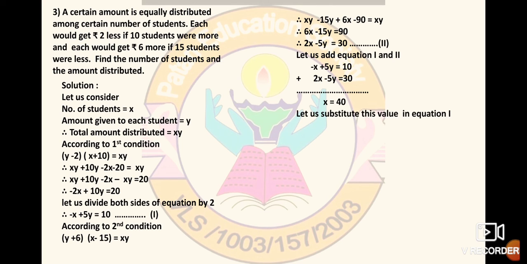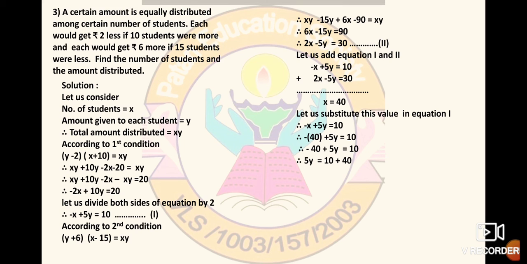Now you have got the value of x, which you substitute in either the first or second equation to get the value of y. Let us substitute in equation 1. Minus x plus 5y is equal to 10, so minus 40 plus 5y is equal to 10.